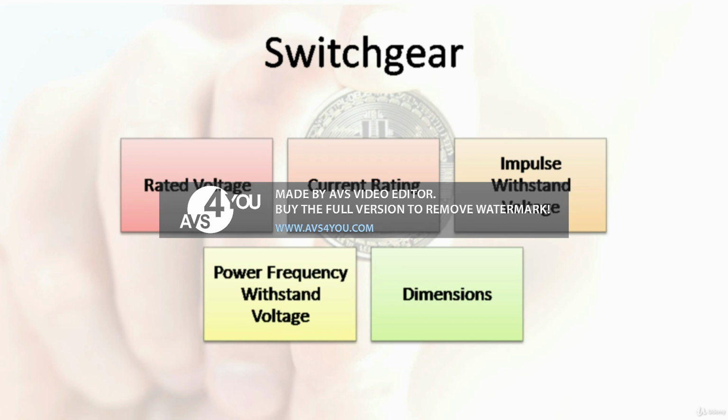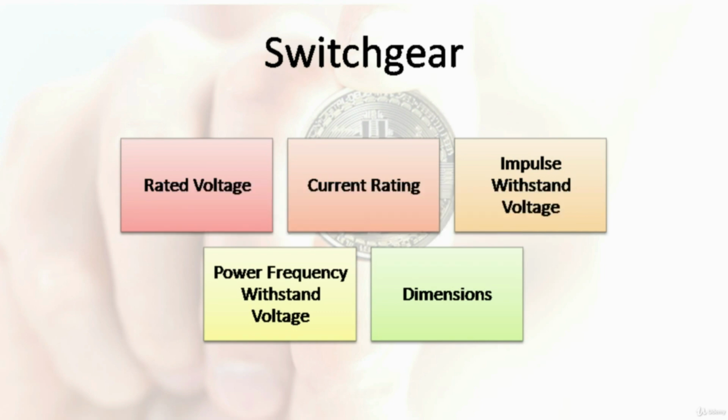And these are shown in front of you right now, and we got 5. First of all, it's the rated voltage, which is the peak value of the voltage that the equipment will tolerate on an ongoing basis, and it is normally chosen to be marginally higher than the operating voltage. Then there is the current rating, which is the peak current value that the equipment will tolerate on an ongoing basis.